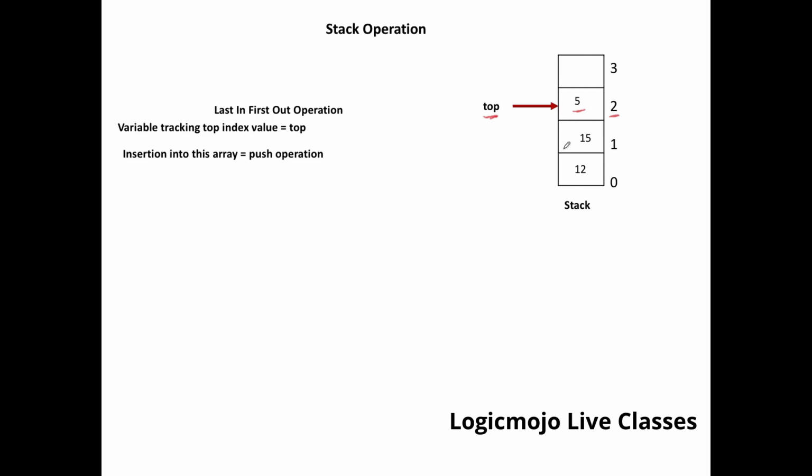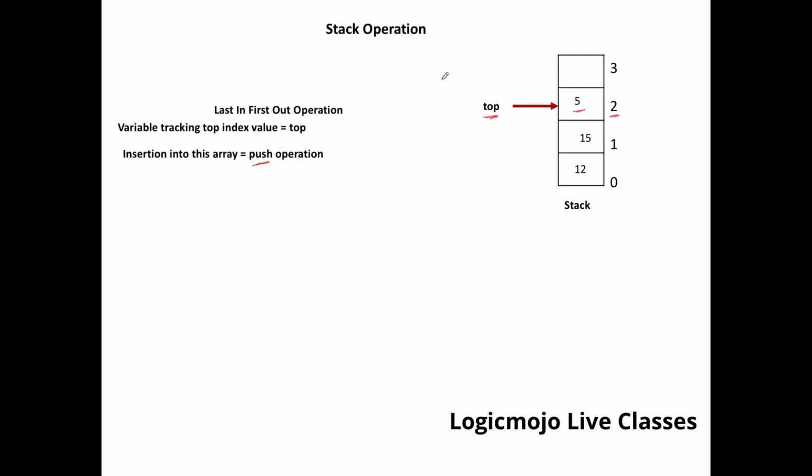So whenever we are inserting a number into any kind of stack data structure, we call it a push operation. As we showed, when we insert the number into the stack, we increment the value of top also. So these are the two operations that happen in case of a stack, and this is the push operation, and this operation will take O(1) time complexity.